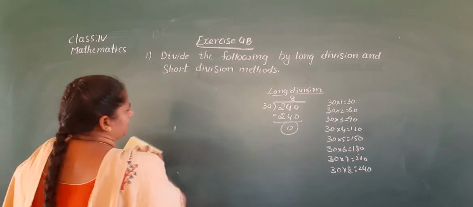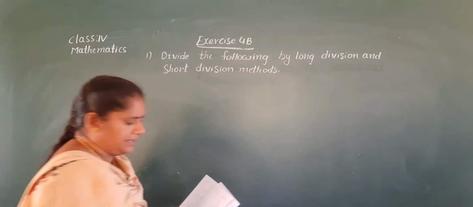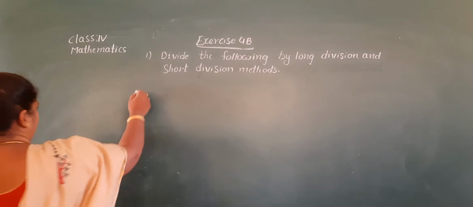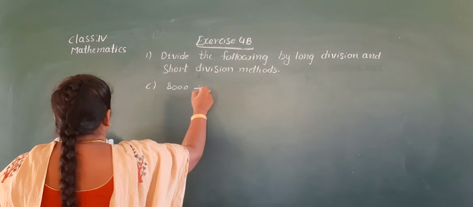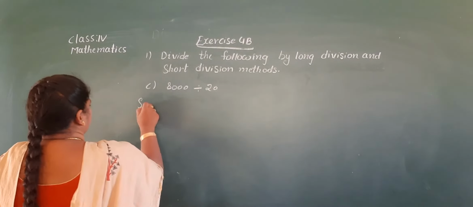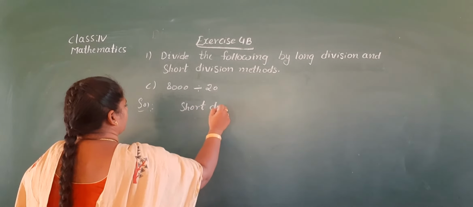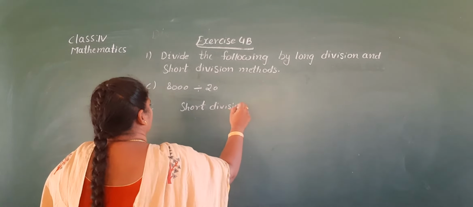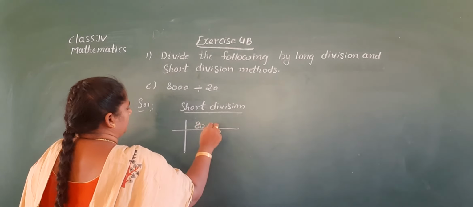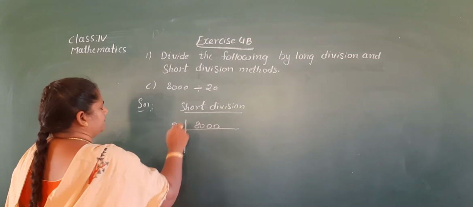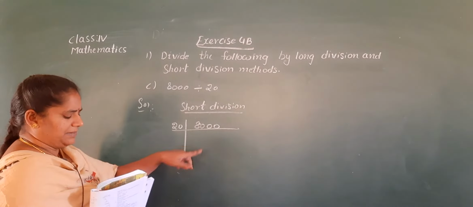Next one. Second problem, C. C problem, see, ma. 8,000 is divided by 20. So first short division. 8,000, we will write here 20. Okay, ma? Yes, divide this number, Nana.